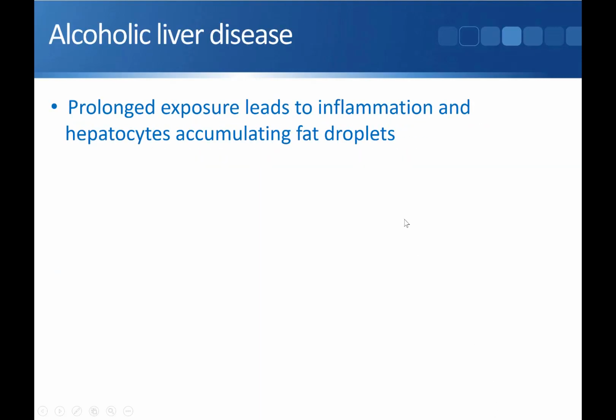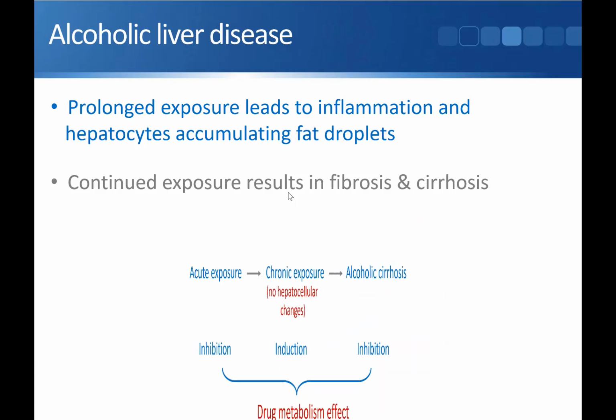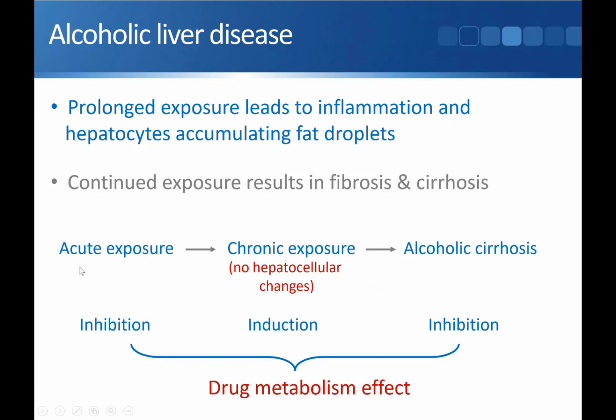So if you look at how alcohol affects the liver's ability to metabolize, prolonged exposure to alcohol leads to inflammation and hepatocytes accumulating fatty droplets in the liver. Continued exposure results in fibrosis and ultimately cirrhosis. It doesn't happen in a linear drop-off of activity in the liver though.